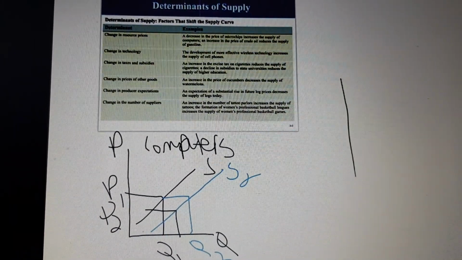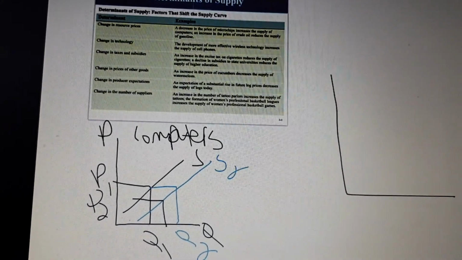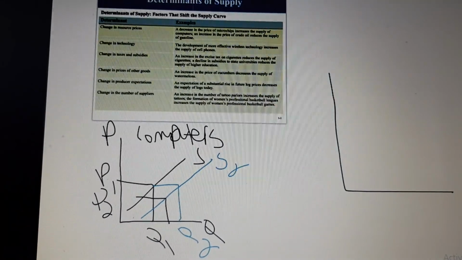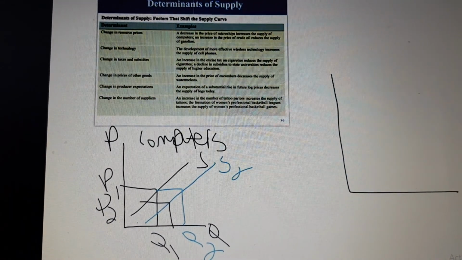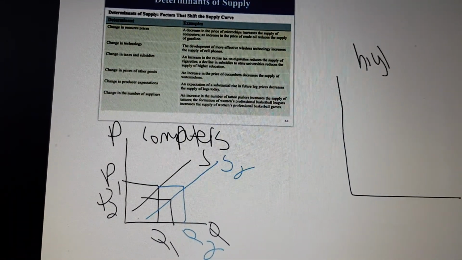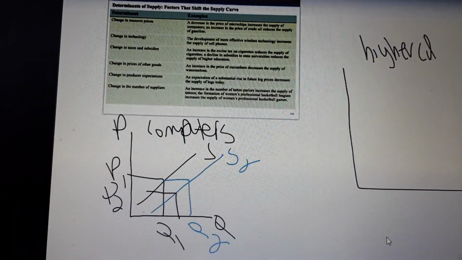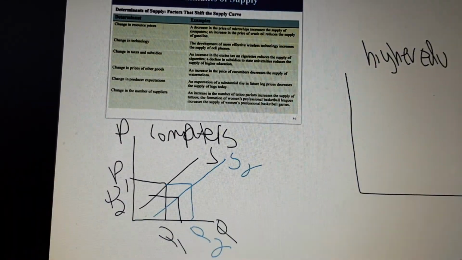Let's do changes in subsidies. So a decline in subsidies to state universities reduces the supply of higher education. Okay, so subsidies can help offset the cost of tuition for students.